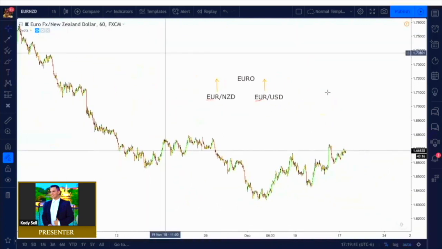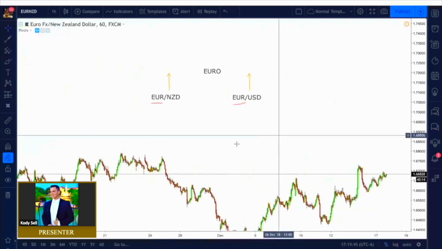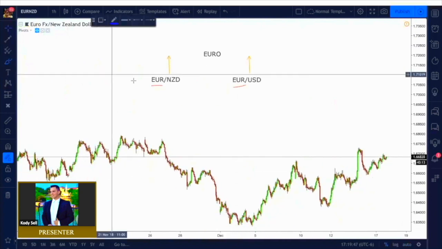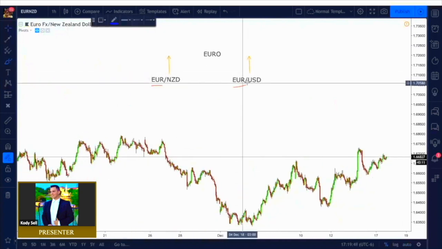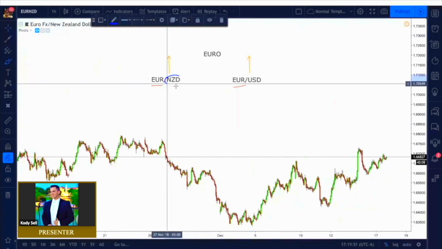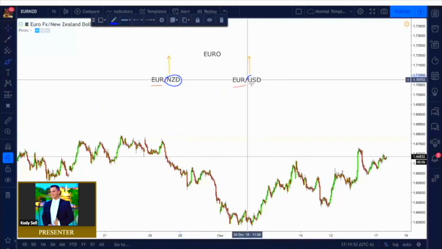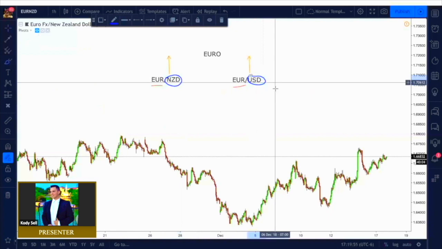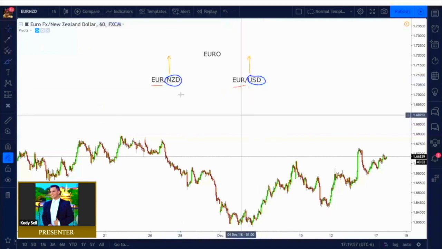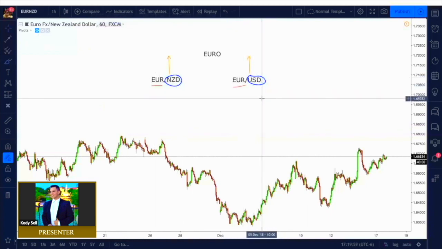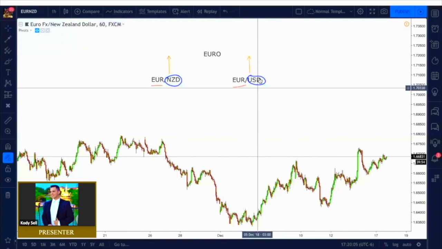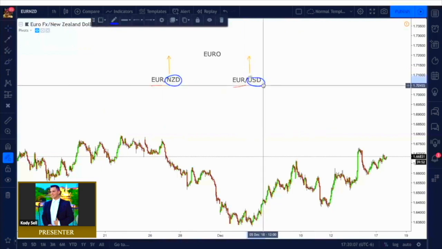The reason they don't perfectly correlate all the time is because it's not just the euro and the euro. There's also another factor here, New Zealand and USD. So there are going to be instances where Euro New Zealand and Euro USD won't do the same thing. One of those instances may be, let's say, the US dollar specifically is doing something, like NFP was just released.